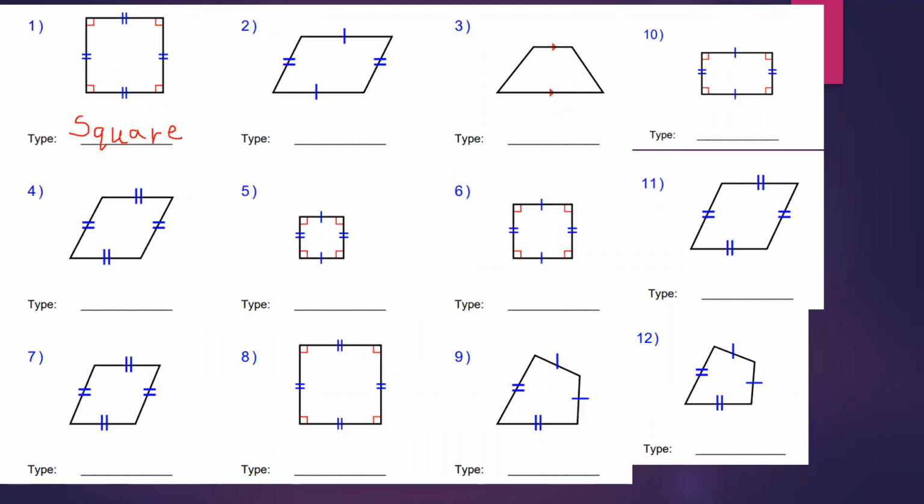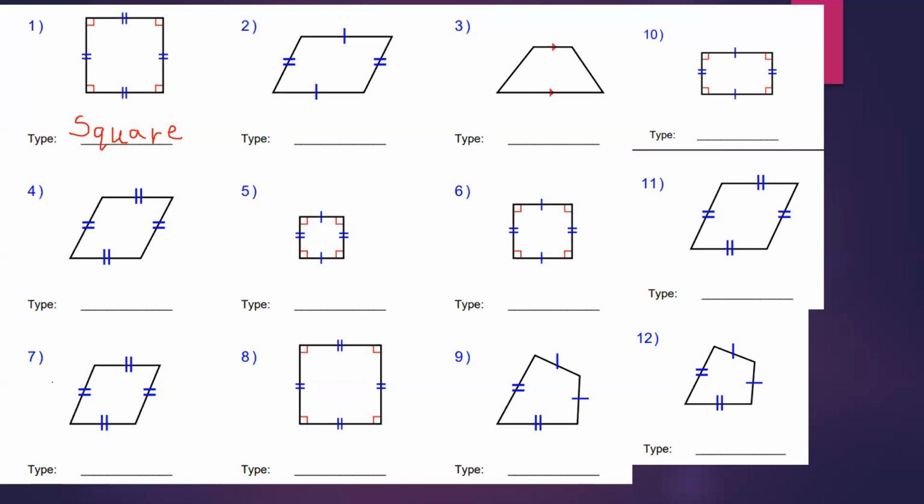Yes, Jeremy. No, they're not the same type of worksheet. They're different. This is a square.